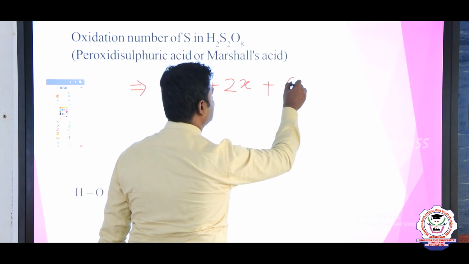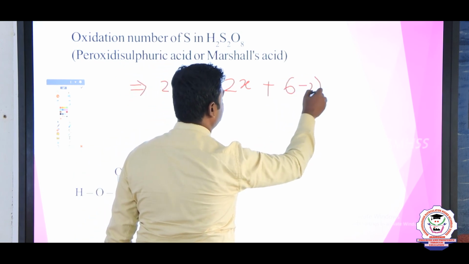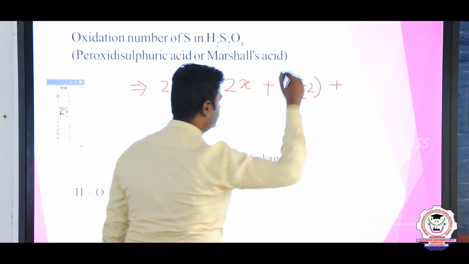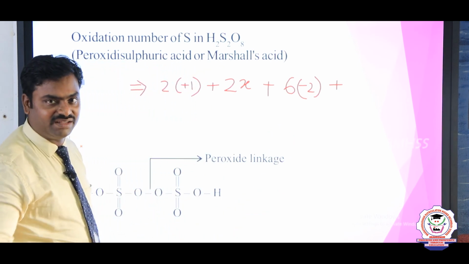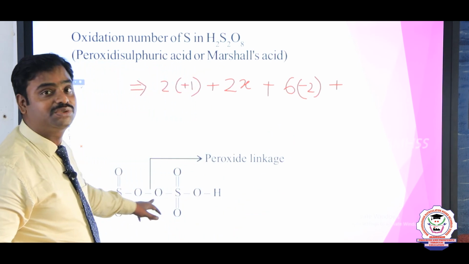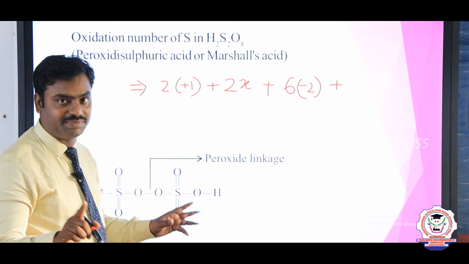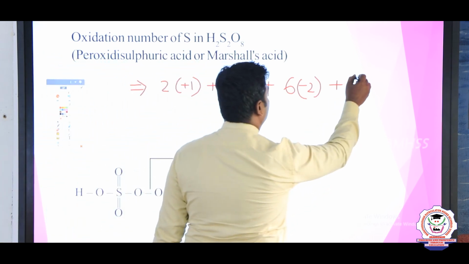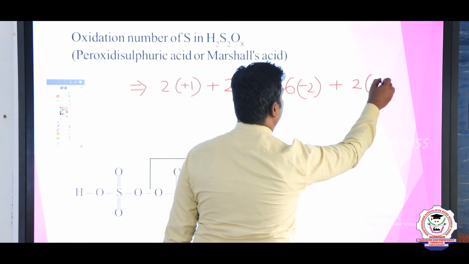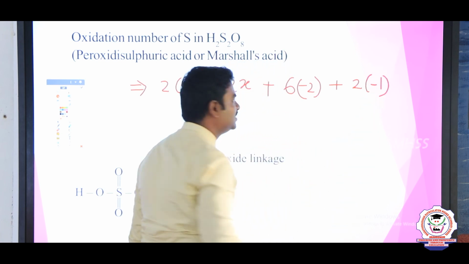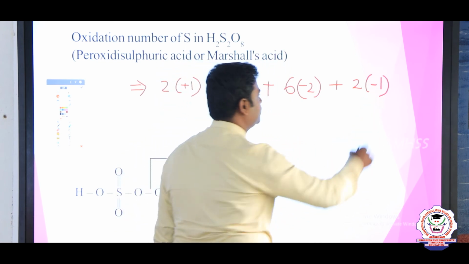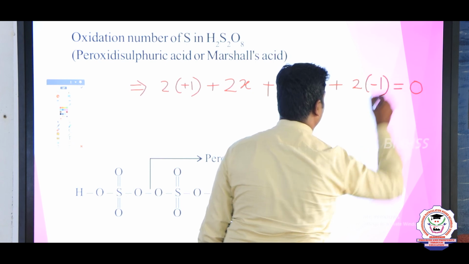So 6 into minus 2. Plus, how many oxygens are carrying minus 1 charge? There are 2 oxygens, a single peroxide. So 2 into minus 1. What about the total charge? It is a neutral molecule. So that is 0.